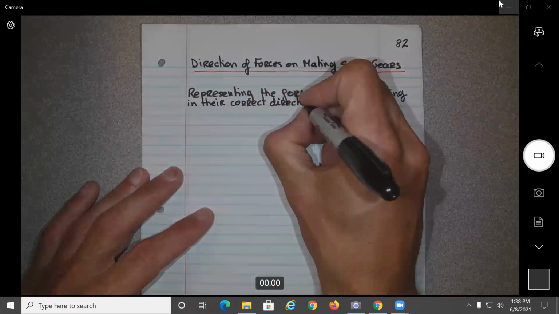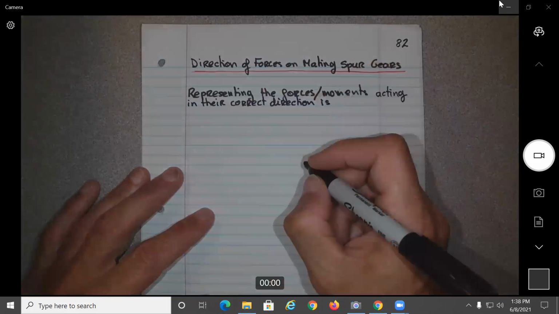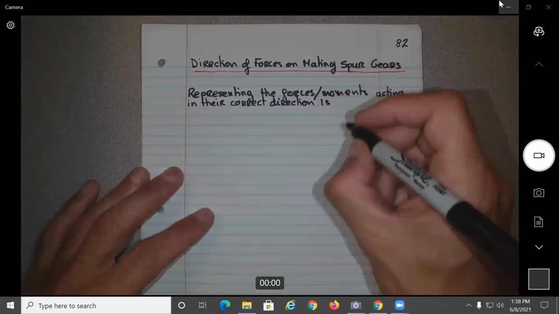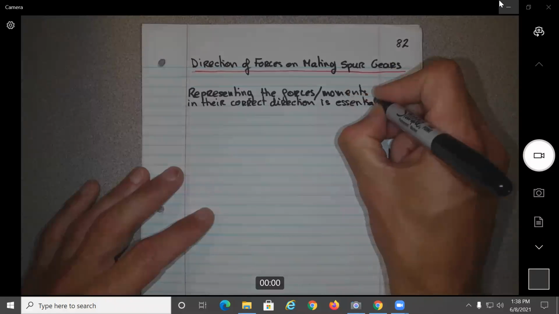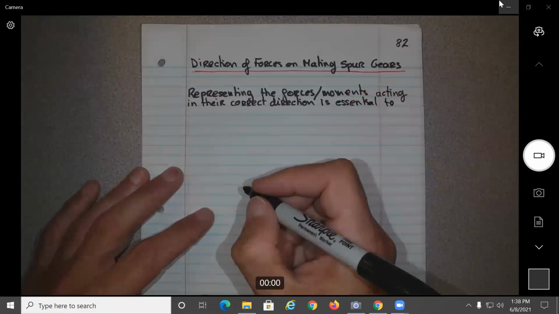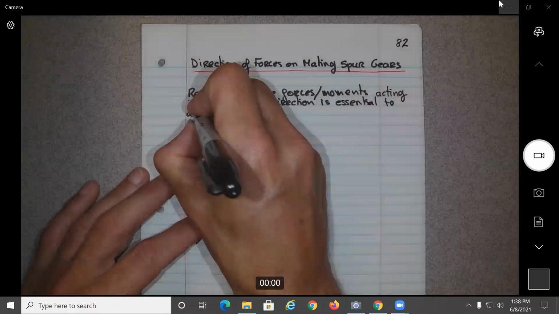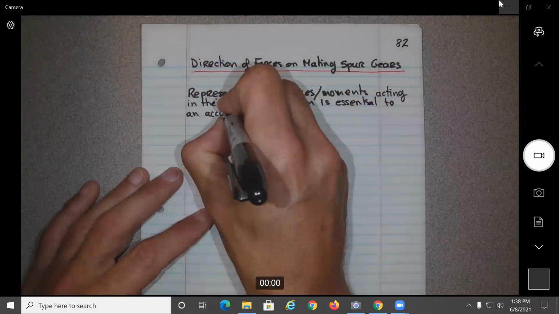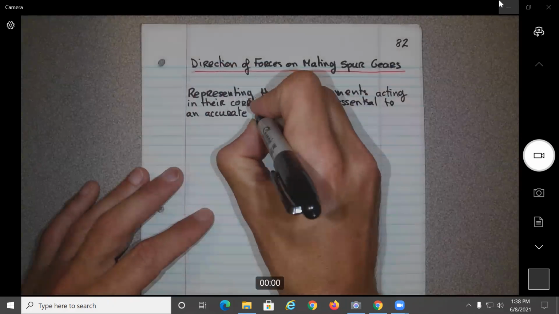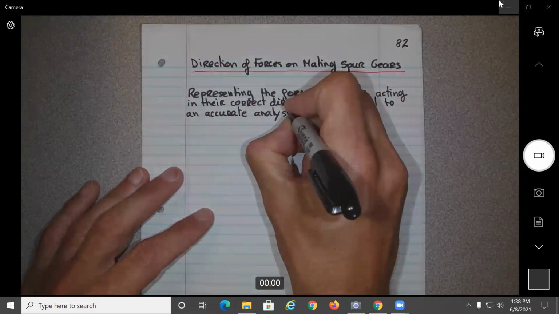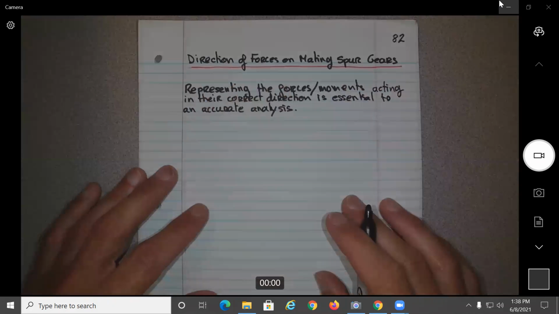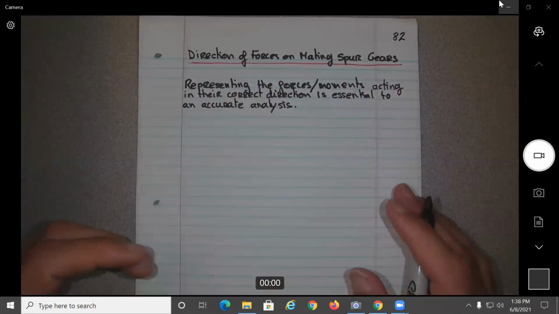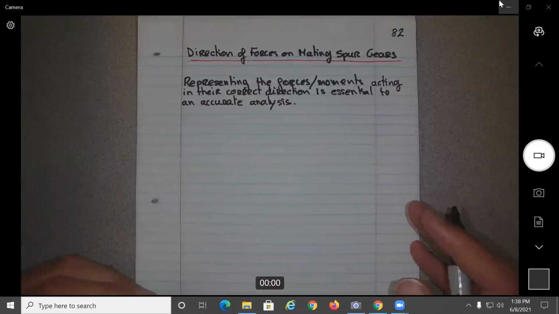Direction is essential, obviously, to an accurate analysis. And that is generally the most difficult part in structural engineering.